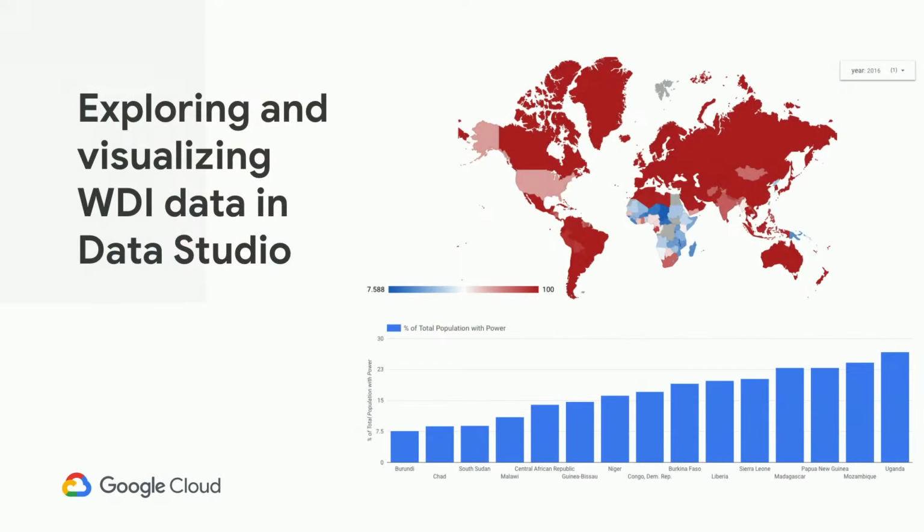Excellent. All right, let's dig into the data a little bit, and into some of the visualizations. We'll start here. This is a basic visualization I put together that demonstrates, I believe, Sustainable Development Goal 8, indicator 8.1.1, which looks at the percentage of the population in a given country that has access to electricity.